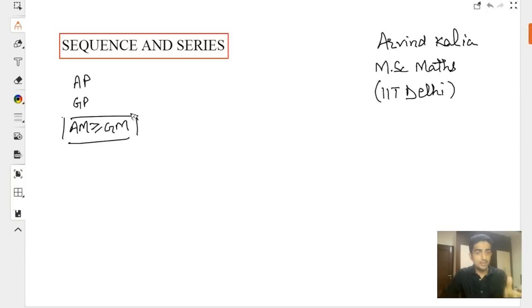It will be used here in this chapter, and in 12th class there will be a chapter called Maxima and Minima where it will be used as well. So I'll be covering about 4 to 5 examples on AM and GM.